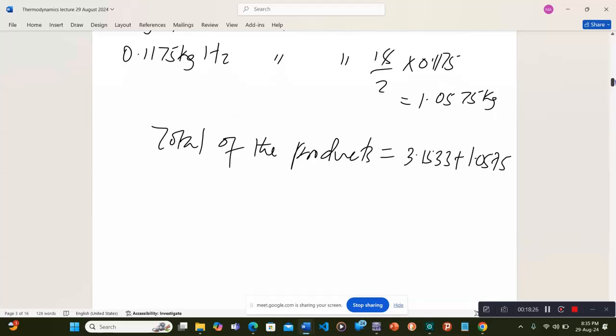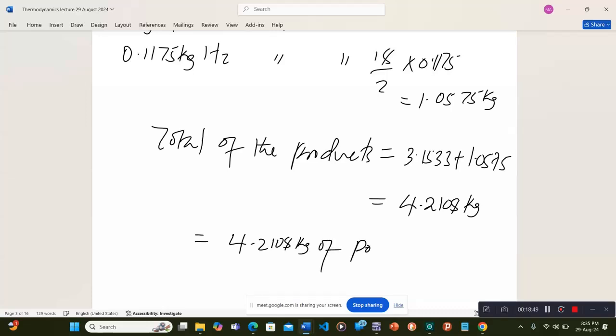So finally, the products of combustion will equal 4.2108 kilograms of products per kilogram of fuel.